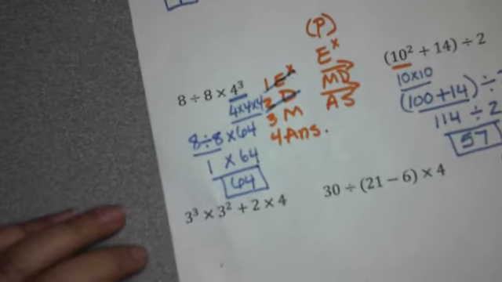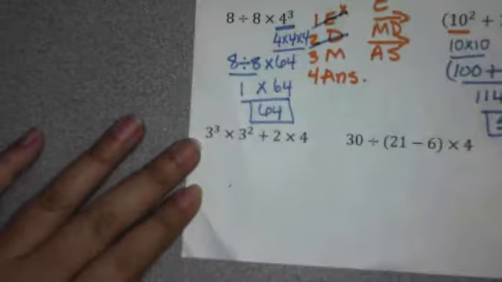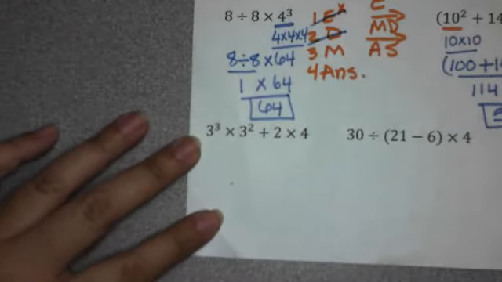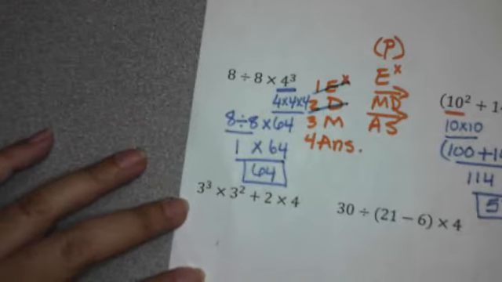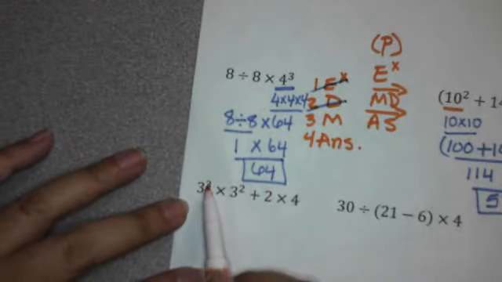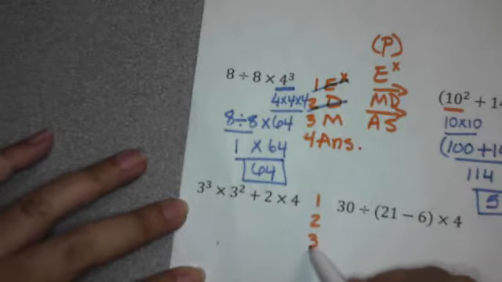Okay. The next one looks kind of complicated, so let's try that one. 1, 2, 3, 4, 5, 6. 6, the last step, is your answer.